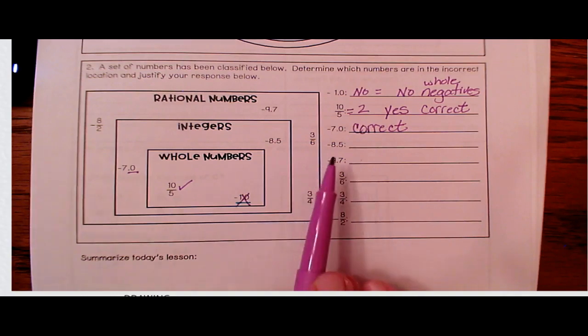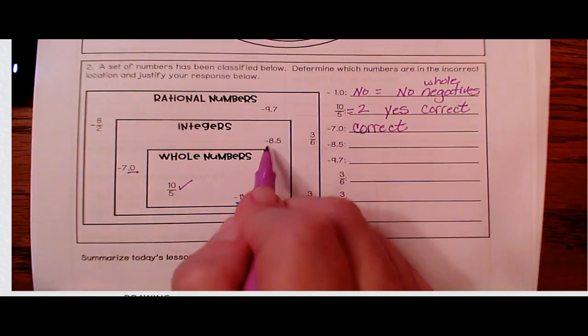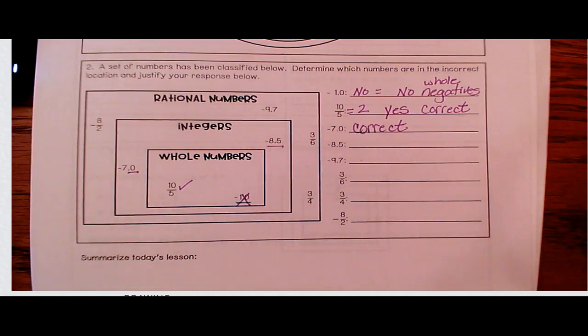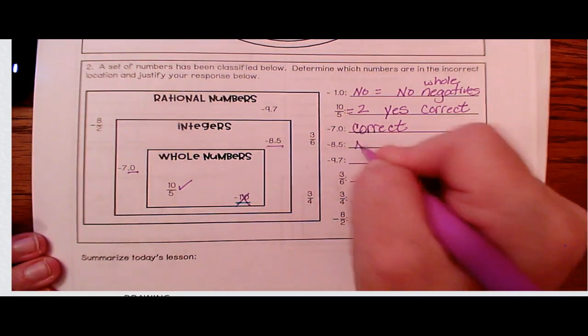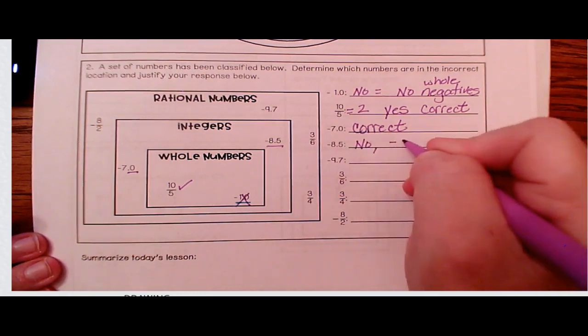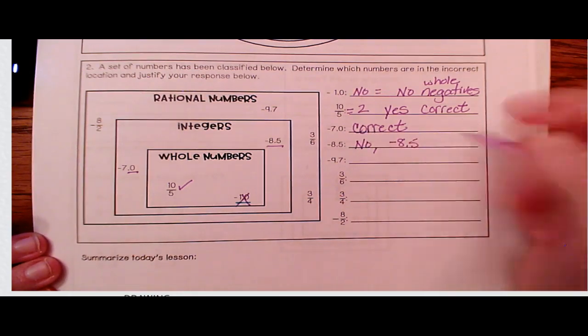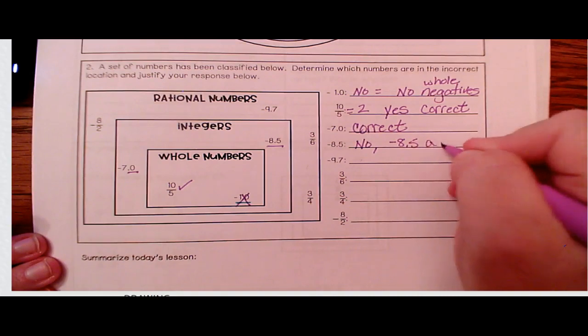Negative 8.5. They have it as an integer. That is not correct. Because negative 8.5 is a rational number.